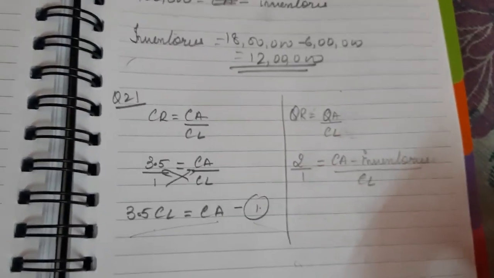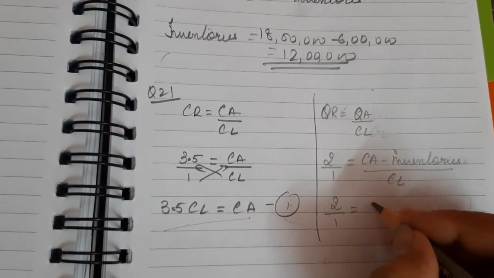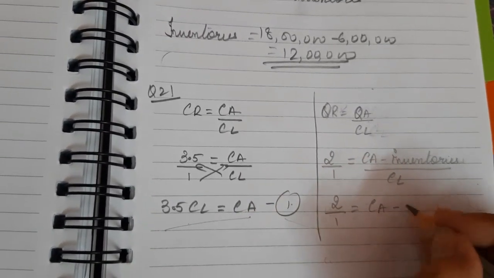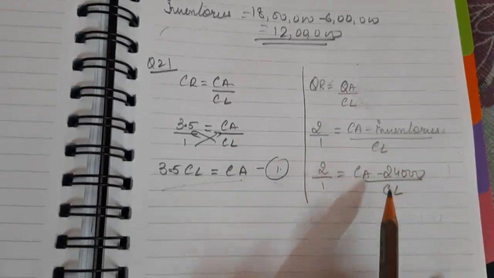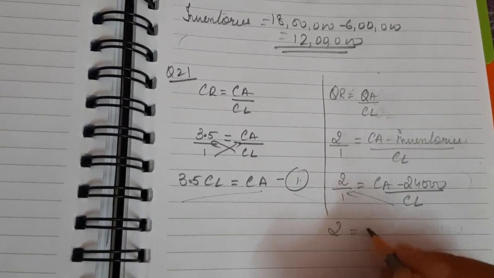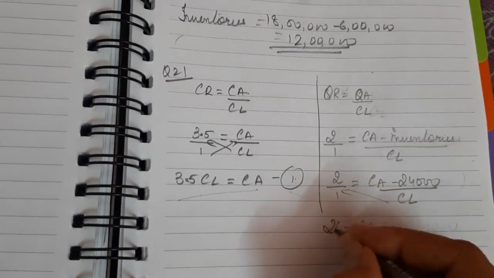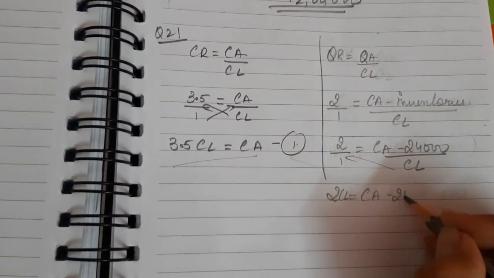So 2/1 is equal to current assets minus inventories, that is 24,000, divided by current liabilities. Now this current liabilities will go here, so it will be 2 times current liabilities is equal to current assets minus 24,000.